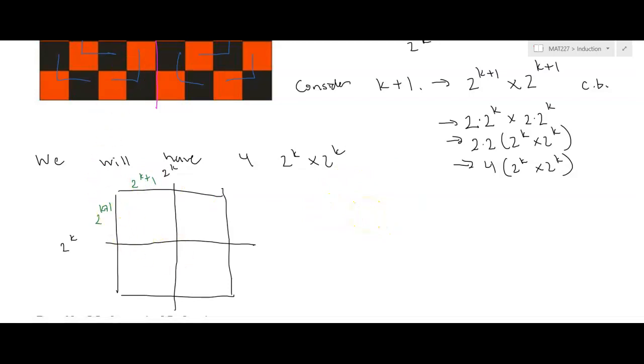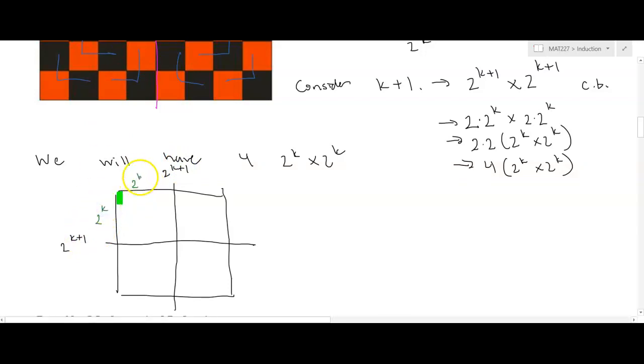And now suppose that any square is covered up. So suppose there's some square covered up over here. Well, I already know that this, I'm sorry, I made a mistake. These are 2 to the k's, and the whole picture is 2 to the k plus 1.